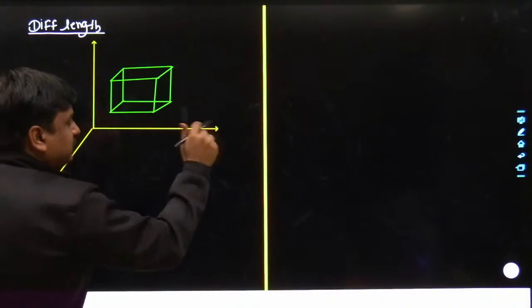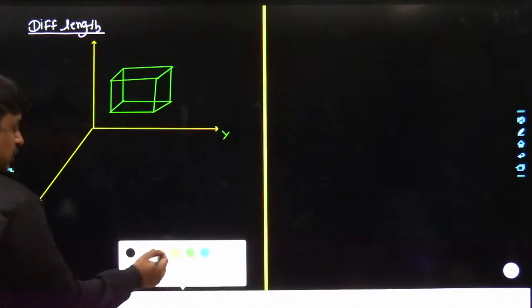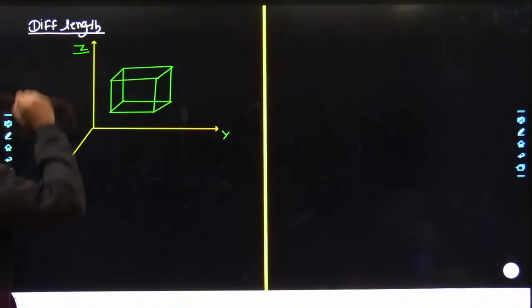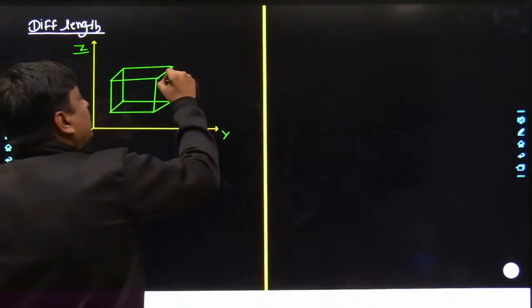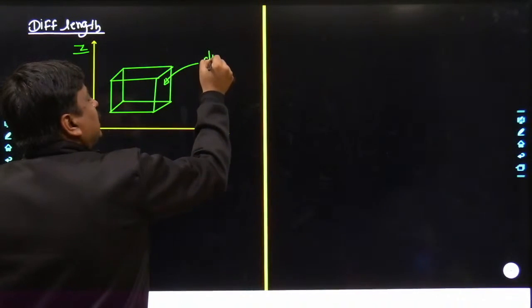This is the direction of my positive y axis, this is the positive x axis, and this is the positive z axis. It's an infinitely small cube; for the time being, you can write differential volume.